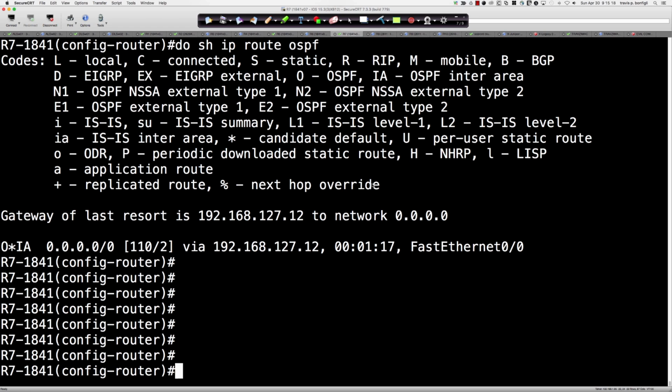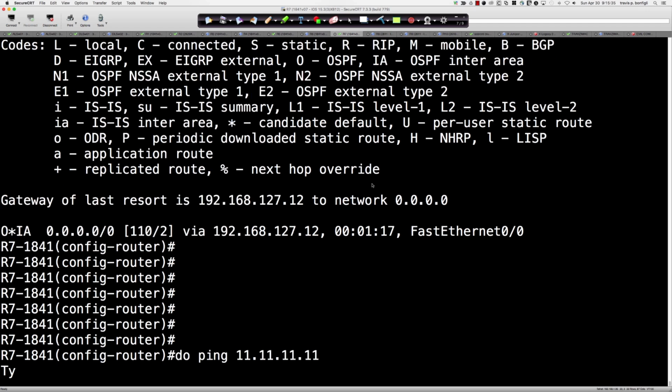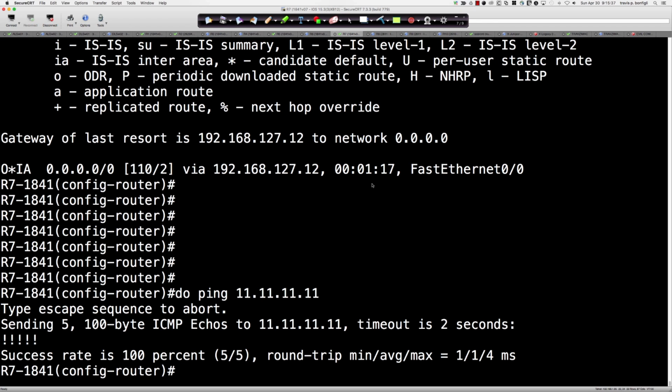Because it doesn't need any other information in this scenario, because there's a single ingress and a single egress point. So if I was to try to ping router 11's loopback, do ping 11.11.11.11, right? That's 3 hops away.